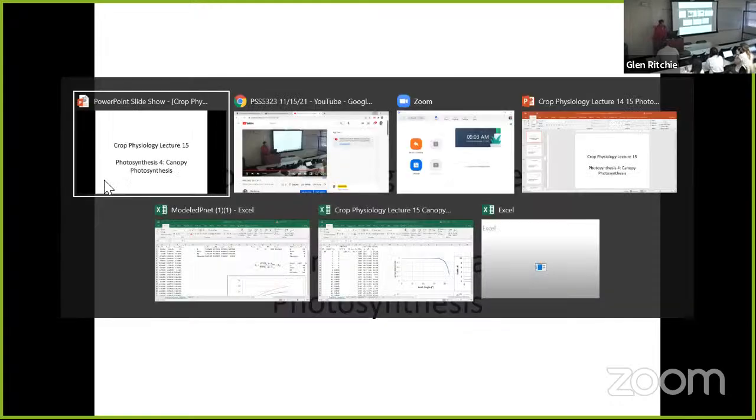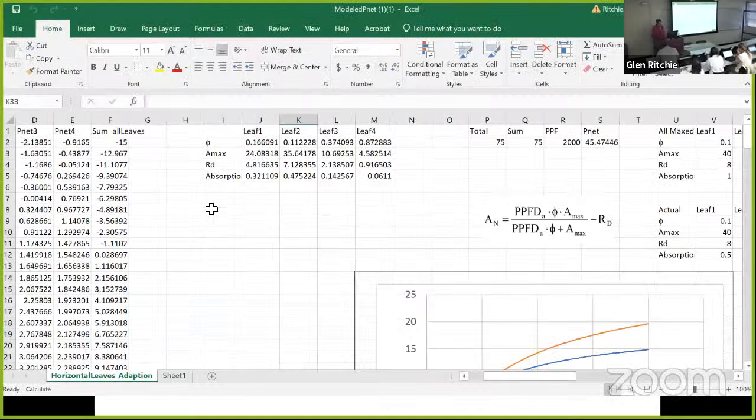But there were a couple of interesting things that I came up with that I wanted to show you. First of all, remember on Friday, I was kind of wrestling with the idea that, in order to set an Amax pattern for these leaves that would give us a maximum total canopy photosynthesis, we really have to have the slope of your PRI line, your initial slope, be related to your Amax, and your dark respiration has to be related to your Amax.